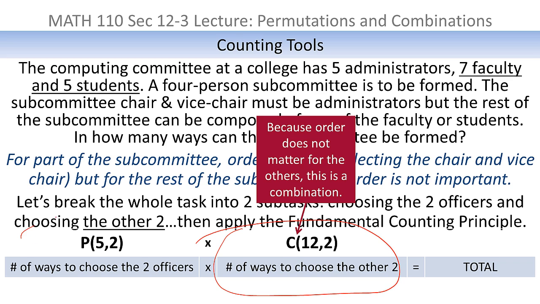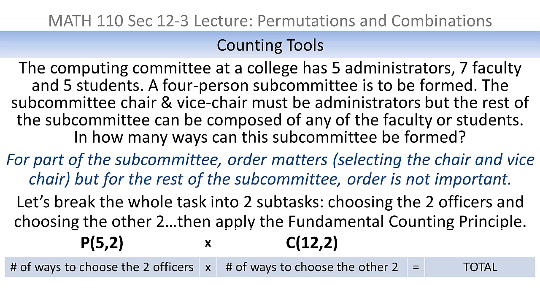So what I want to do now is calculate each of those, simplify them, and then take the product. So let's do the calculation for the permutation first. That's a permutation of 5 things taken 2 at a time. I will leave it to you to do that in your calculator. Remember, you're going to be doing shift 1 to get to the permutation. So it'll be 5, shift 1, 2, equals. And you'll come up with 20. Then do the same thing with the combination. But remember, the combination is shift 2.